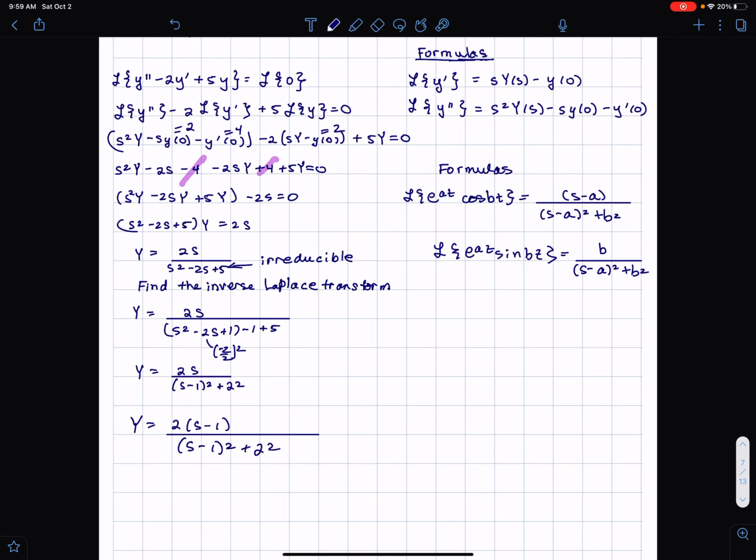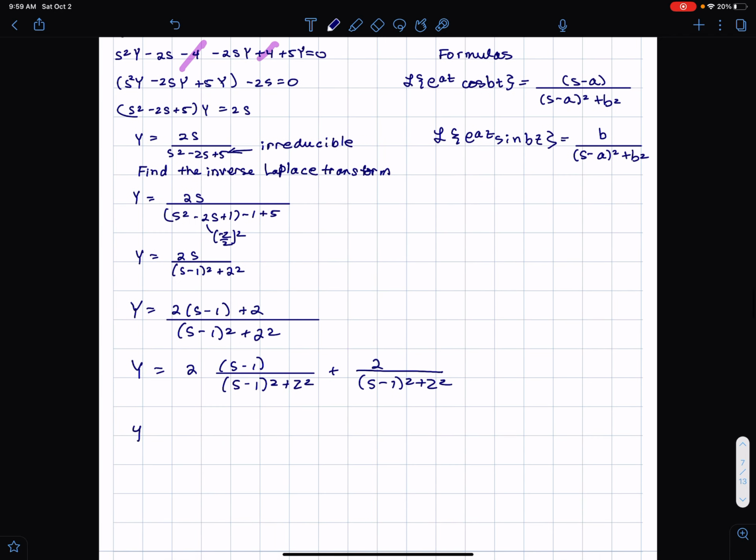I subtract 1, but it's not really 1 actually, is it? This is 2 times -1 is -2. So what I do is I add 2 back. So this is Y equals 2 times (s minus 1) over s minus 1 squared plus 2 squared, and then 2 over s minus 1 squared plus 2 squared.